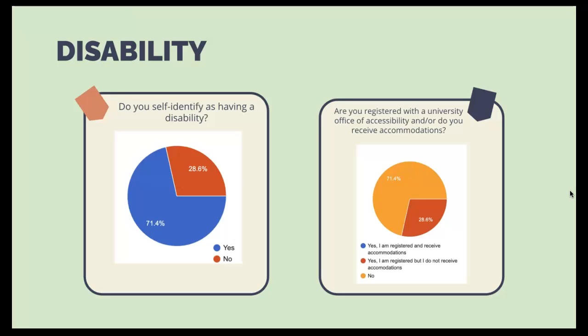It could be for a variety of reasons, like I said, the time it takes, expenses for getting tested, getting all the health care and assistance they need. So a huge majority are not registered, but identify as having a disability. And then the people who were registered, 28.6%, do not receive accommodations. So no one was registered and received accommodations.